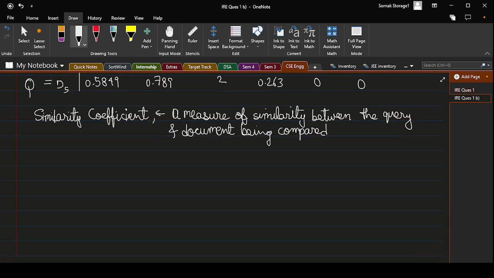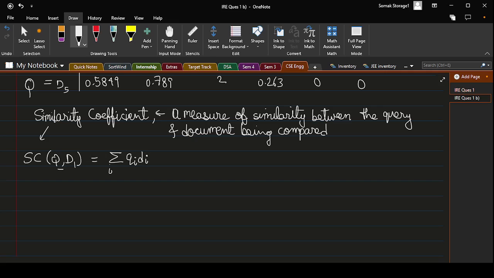So if we see similarity coefficient, it is SC of Q, D1, means the similarity between these two. So this will be summation of Q_i times W_i.